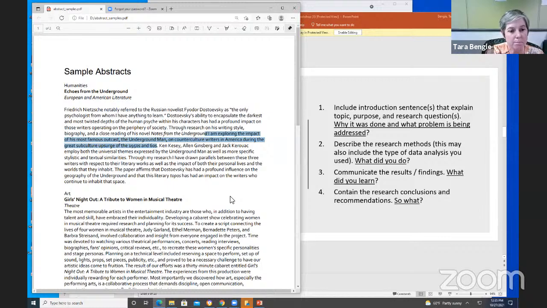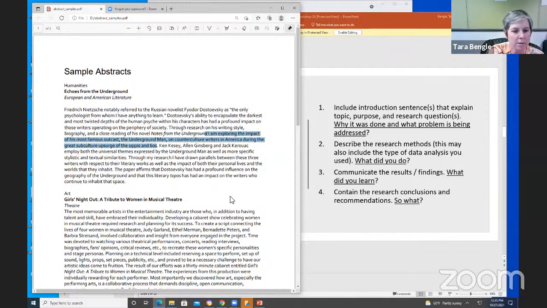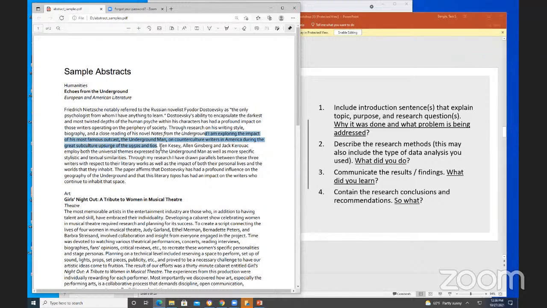I think it's also going back to the research purpose, right? He says he's exploring. So the method was research on the writing style, biography, and reading this novel. But then this is going back to describe the purpose of the research. Does that make sense to you? Do you see that? Yes, I do.